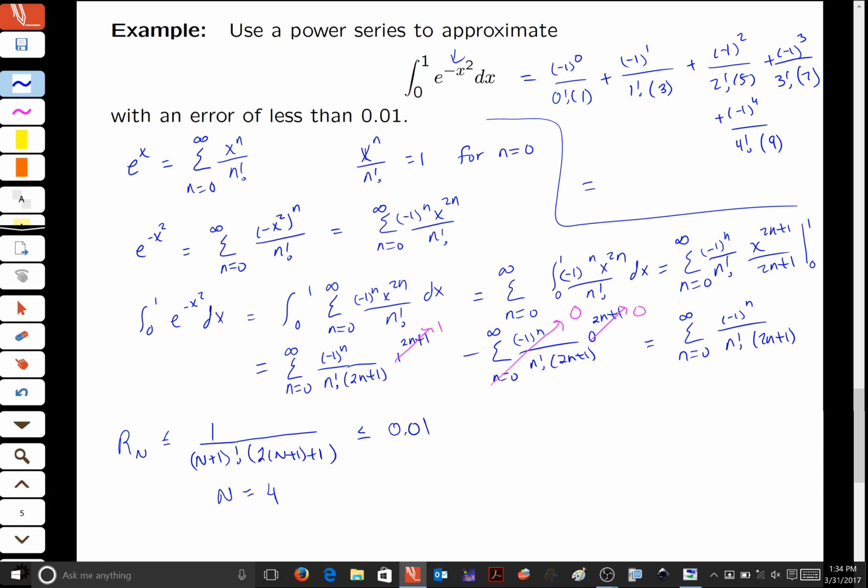Huh. Did I do that wrong? Let's see. If I simplify this, I'm going to have 1 over n plus 1 factorial times 2n plus 3.